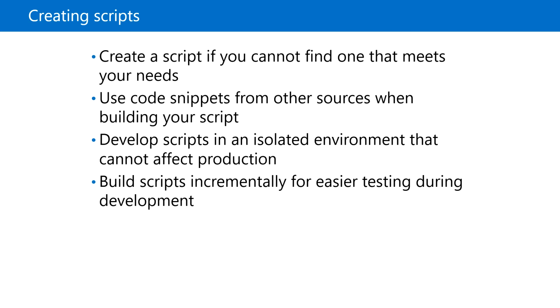But it is good to develop the script in an isolated environment, which will not affect the production environment. And once we have tested in the non-production, then we can implement it in the production environment. Also, when we build a script, it's better to do it incrementally, so that we can easily test it during each development.